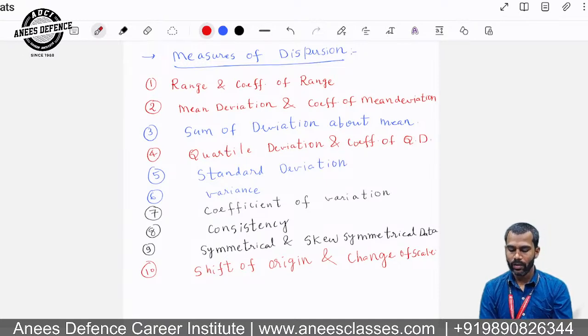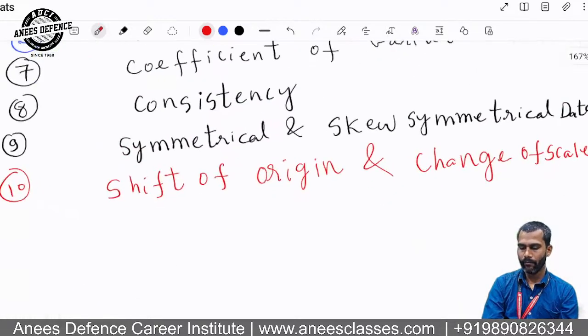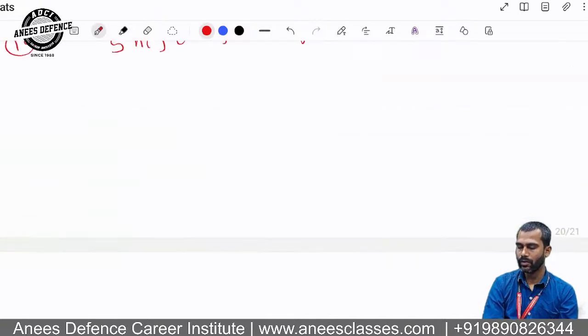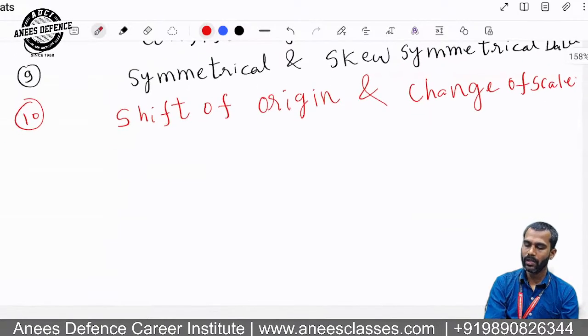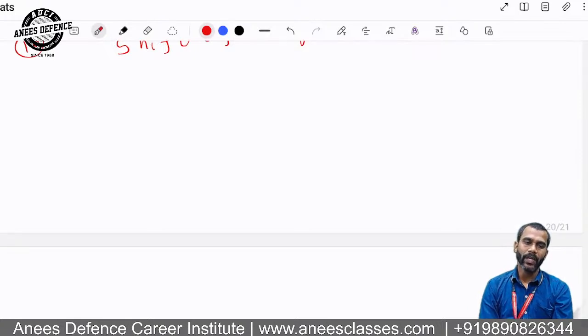We'll see. Okay, so give the heading range and coefficient of range. You might have heard about this word, the meaning of range, in functions as well, right? What is range? Range means the interval in which a particular observation varies.